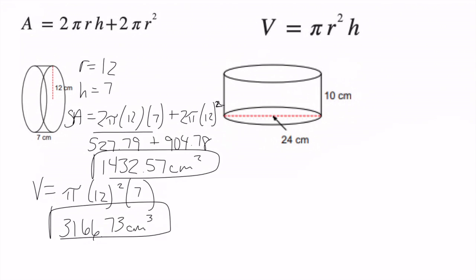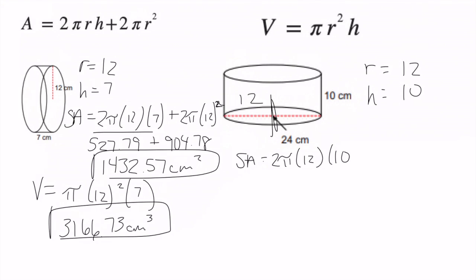Now last one, we need our radius, which is going to be half of this. Half of 24 will give us 12. So radius of 12, height of 10. So our surface area equals 2 pi times our radius of 12 times our height of 10 plus 2 pi times our radius of 12 squared.